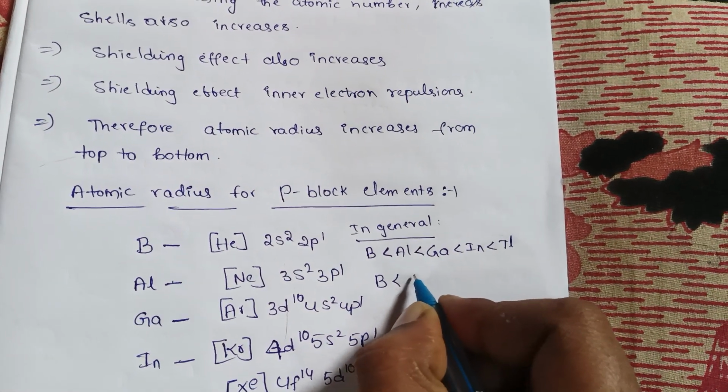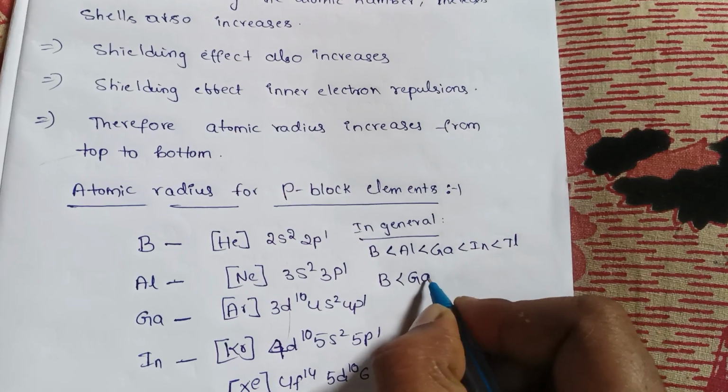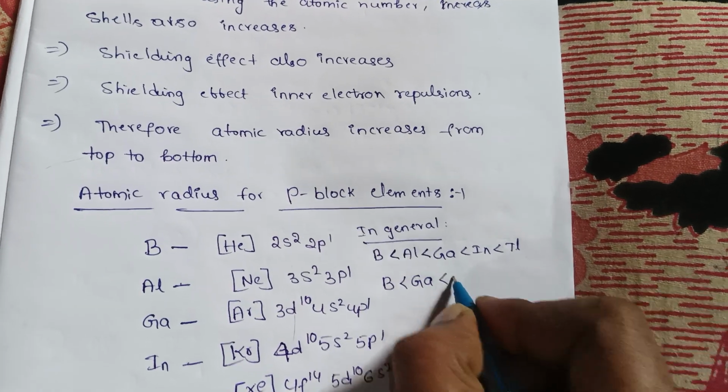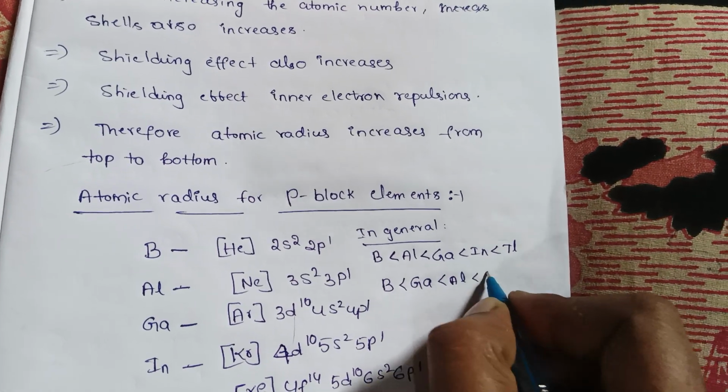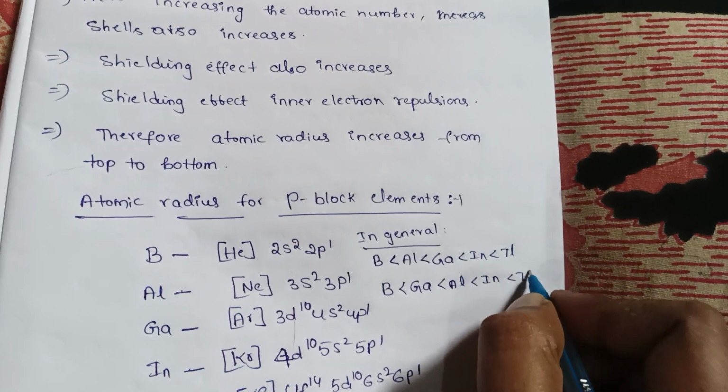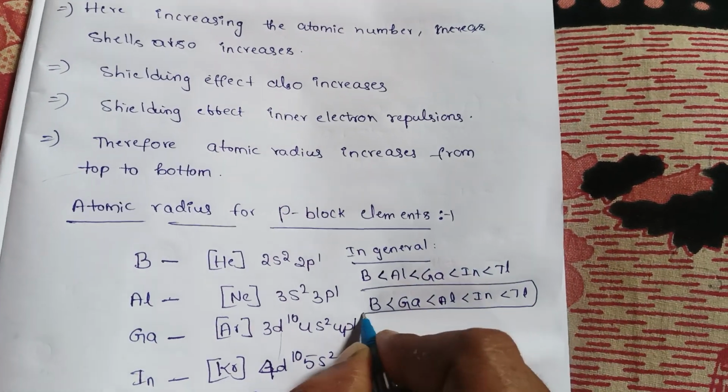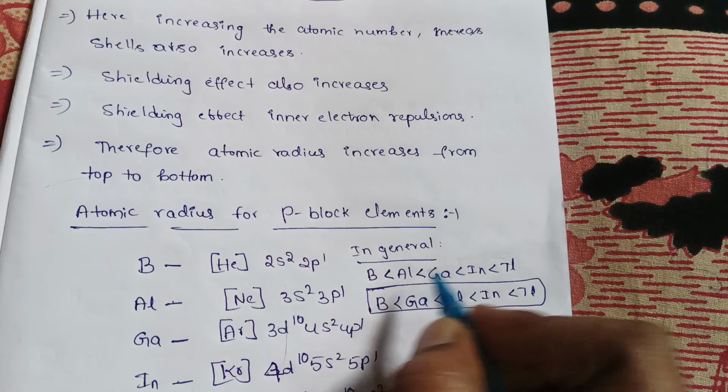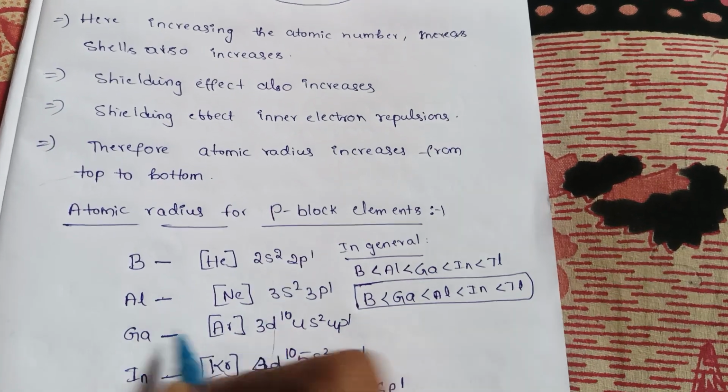But actually the order is boron is less than gallium, less than aluminium, less than indium, thallium. This is the correct order of atomic radii for the boron family.